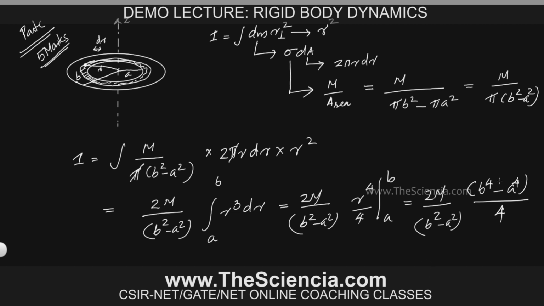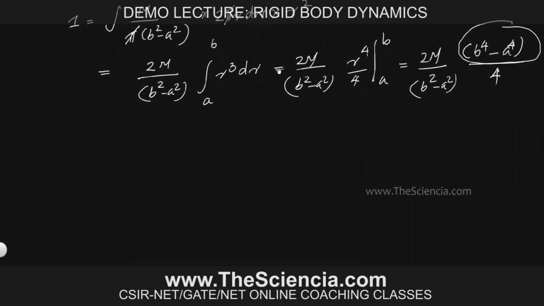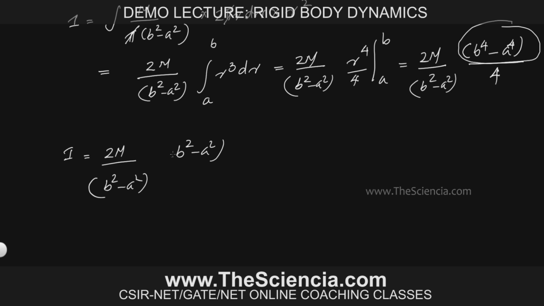We can rewrite this term as I equals 2M by (b square minus a square) into (b square minus a square) into (b square plus a square) divided by 4.